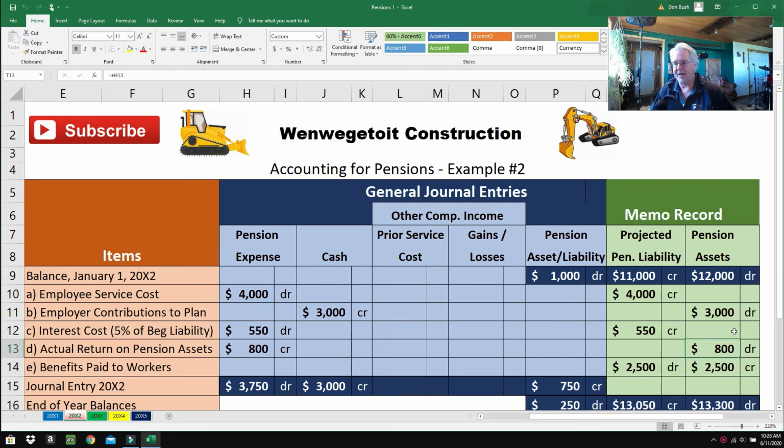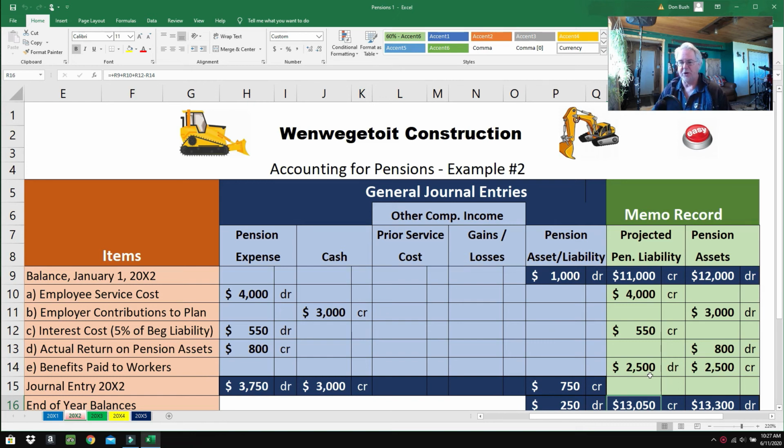Add to that an $800 debit. But we have to subtract this $2,500 credit. So 12,000 plus 3,000 plus 800 minus 2,500 is 13,300.